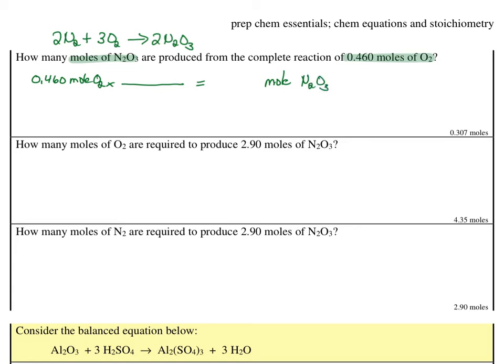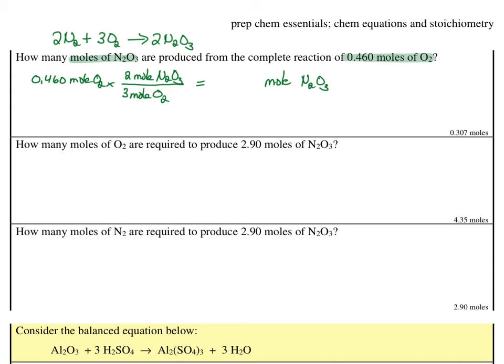N2O3. So if we look at our balanced chemical equation, we see the coefficient associated with oxygen is 3. So in the denominator, we write 3 moles of O2. The coefficient associated with our product, N2O3, is 2. So in the numerator, we write 2 moles of N2O3.